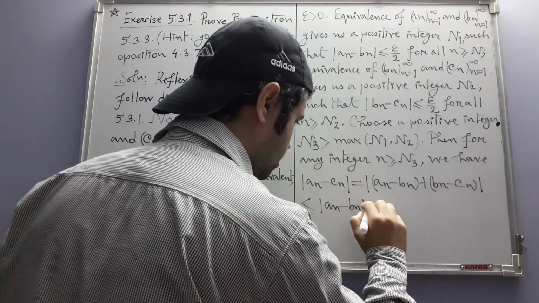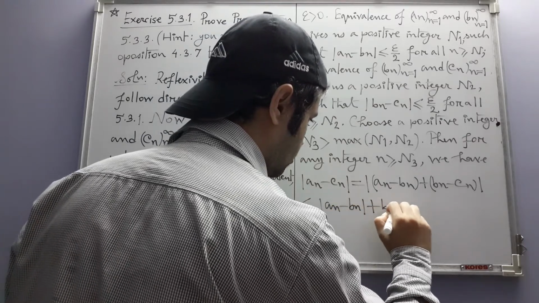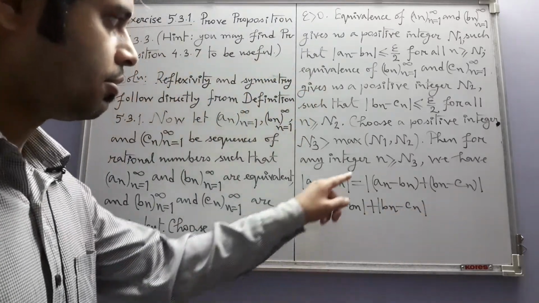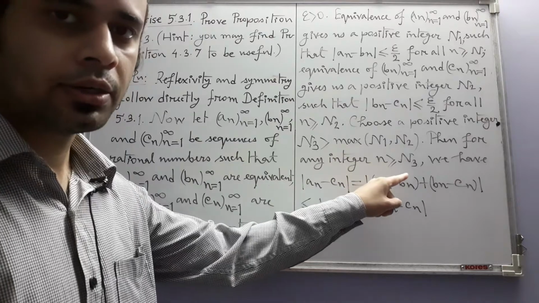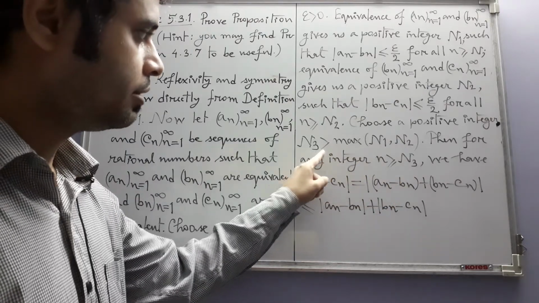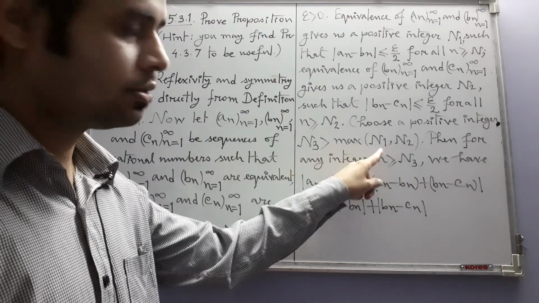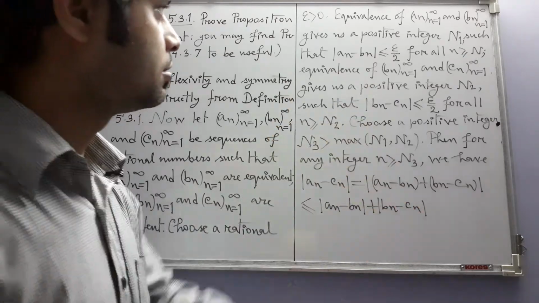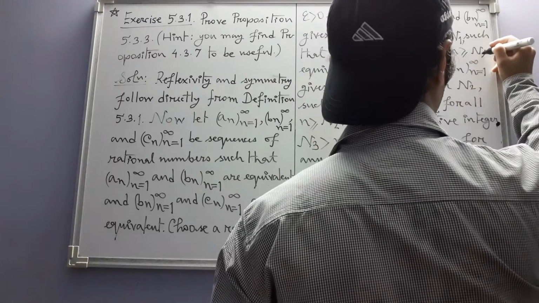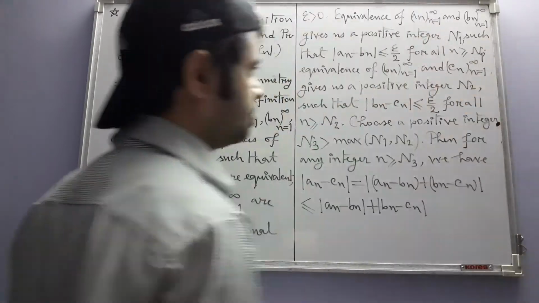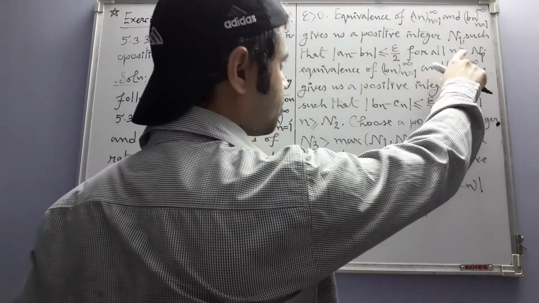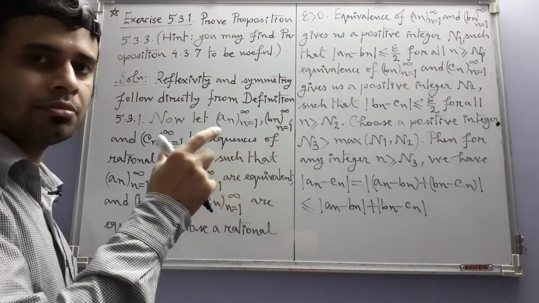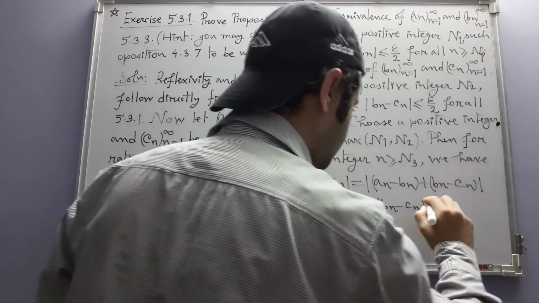Now note that since n is greater than or equal to N3 and N3 is greater than N1, n will be greater than or equal to N1, and hence for that n this inequality will be true, that is, this distance will be less than or equal to epsilon by 2.